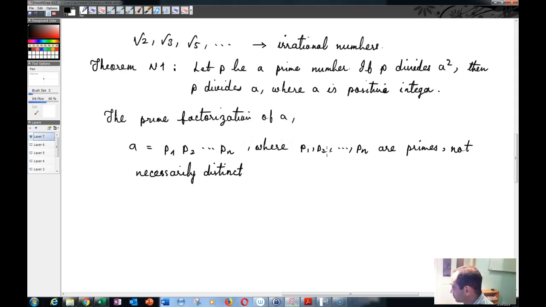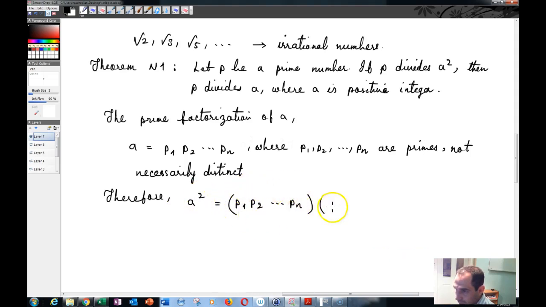And so if the prime factorization of a is p1, p2 all the way up to p of n, therefore a squared is going to be equal to the prime factorization of a times the prime factorization of a, because a squared is equal to a times a.